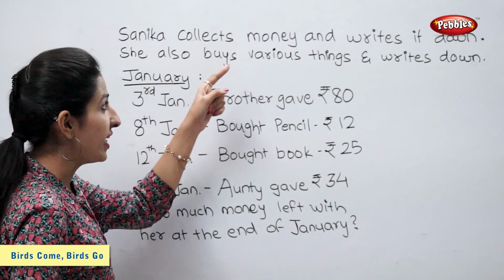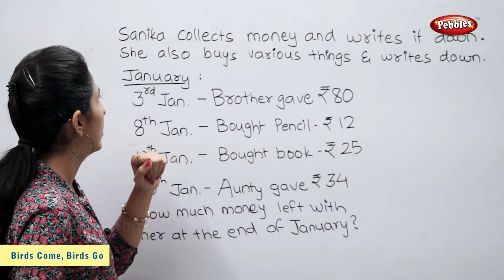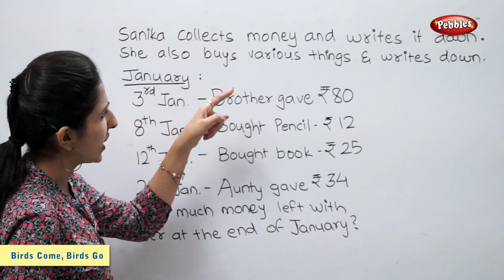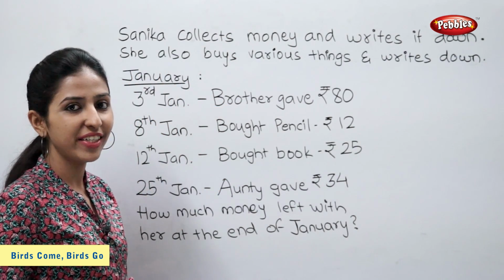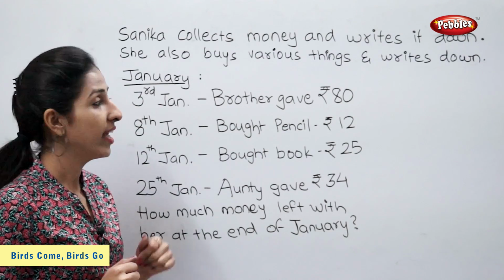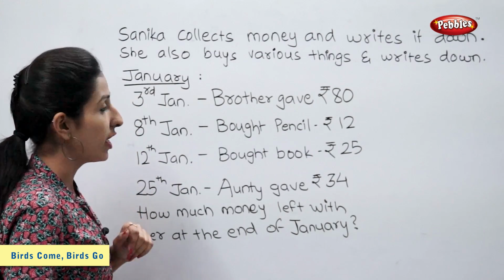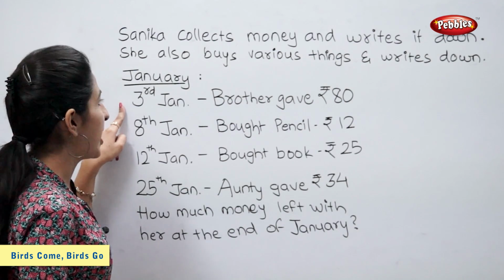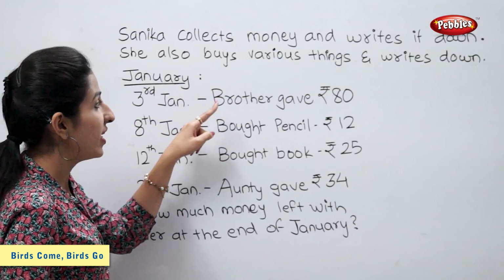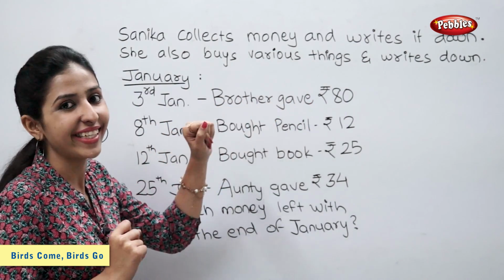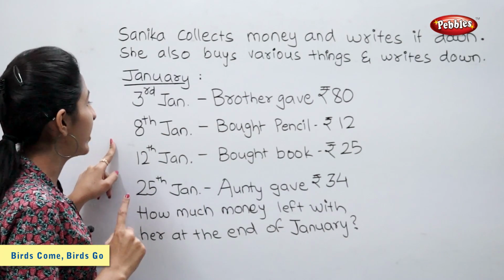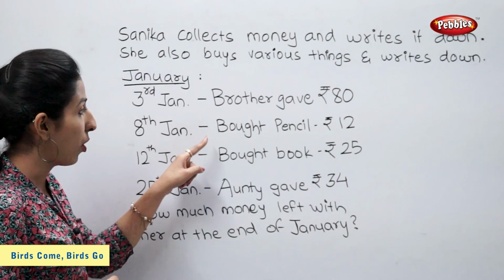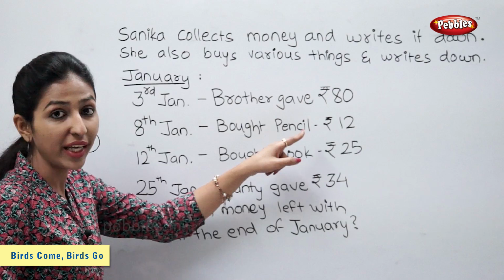Sanika collects money and writes it down. She also buys various things and writes it down. Now let us see what she did in the month of January. On 3rd January, her brother gave rupees 80. On 8th January, she bought a pencil for rupees 12.